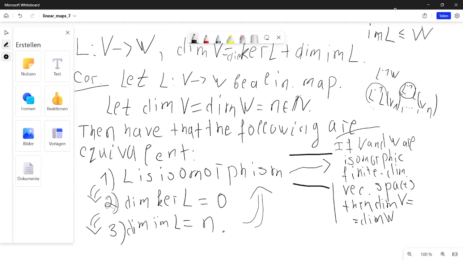We use the same argument and obtain that image L is actually equal to image L W. I mean, the same argument that we used here, where we got this just from dimension, right? Okay, let's start again.